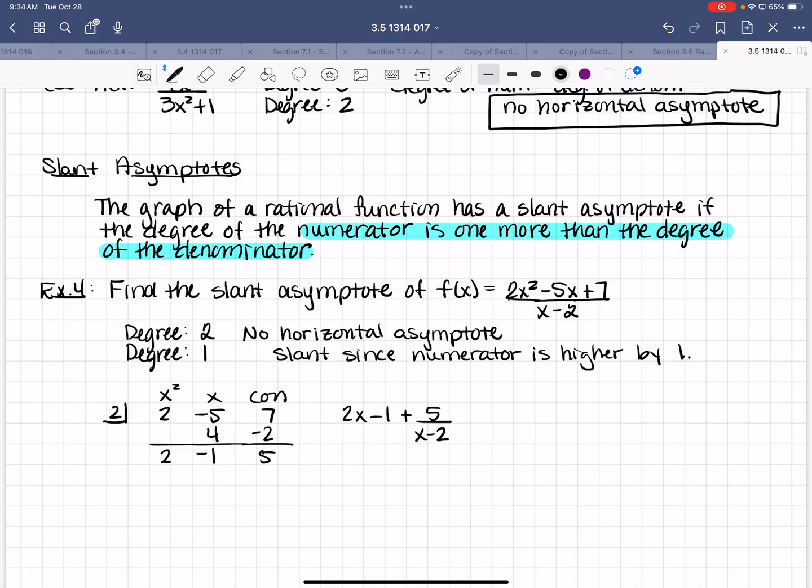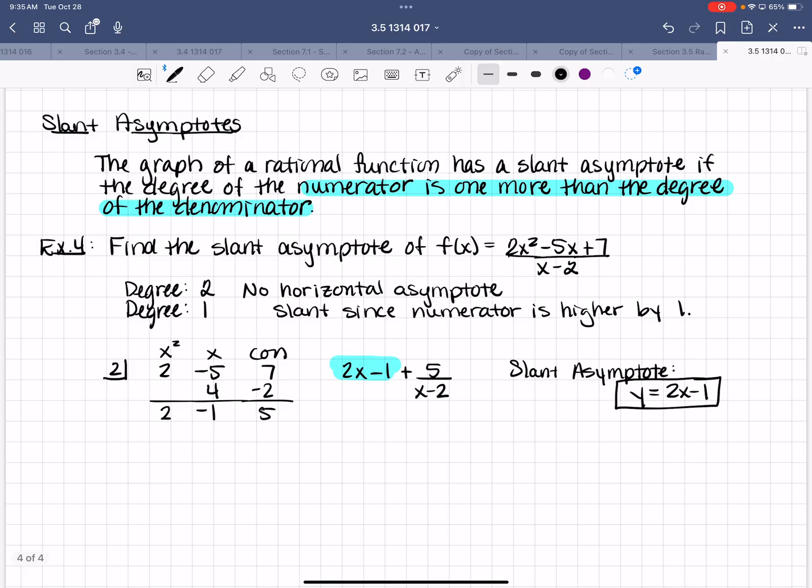Here's the slant asymptote. You throw the remainder away. What's left is the slant. This is your slant. So a slant asymptote here is y equals 2x minus 1. Okay?